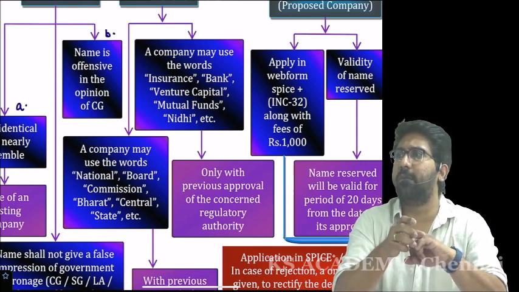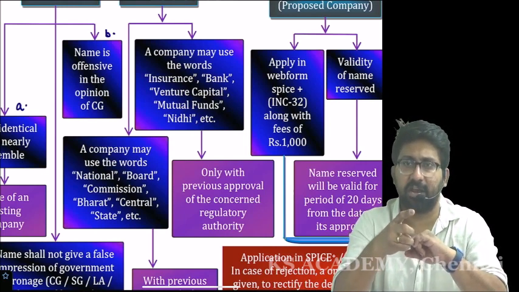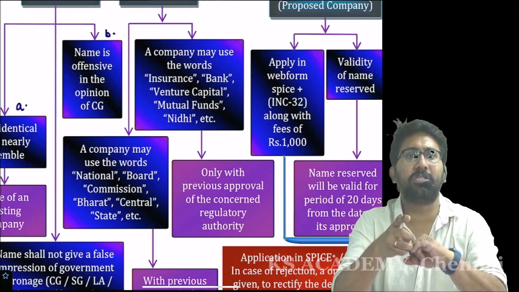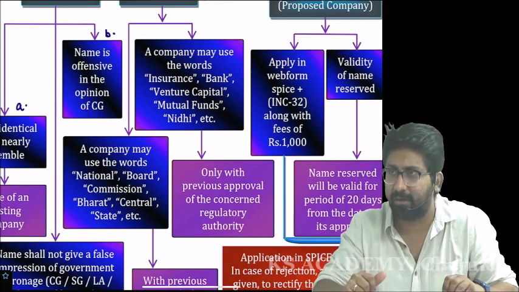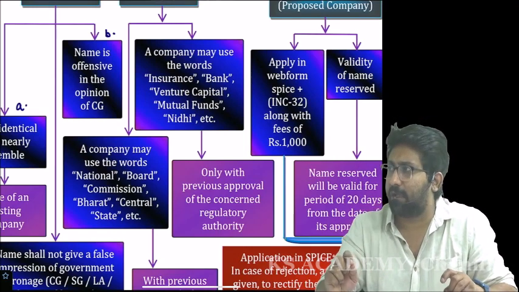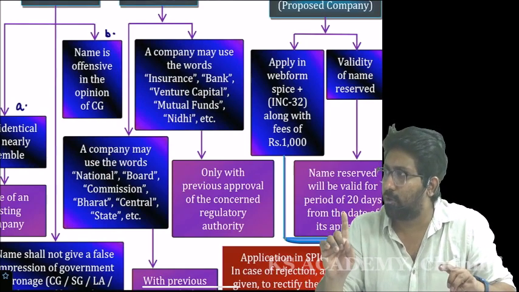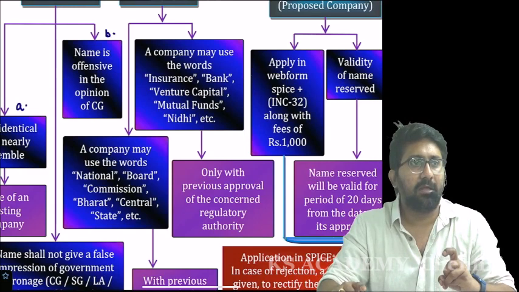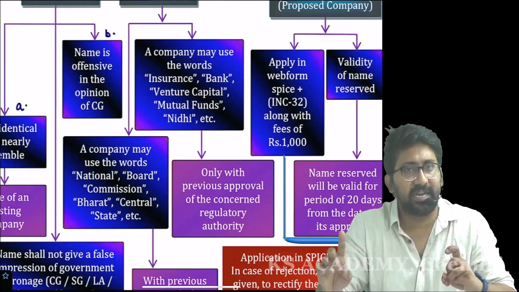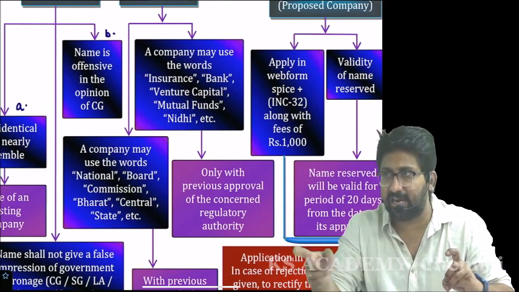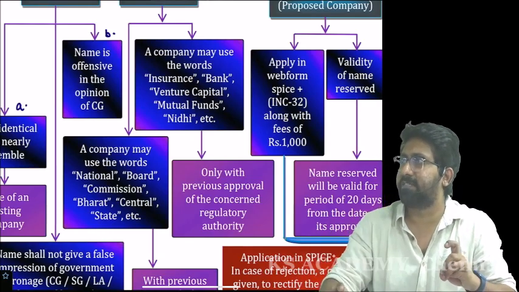After that, we came to prohibitions and restrictions in case of a name. What is the absolute prohibition on name? Three prohibitions are there. Number 1, the name of the company should not be identical or too nearly resemble the name of an existing company registered either under this Act or previous company law.